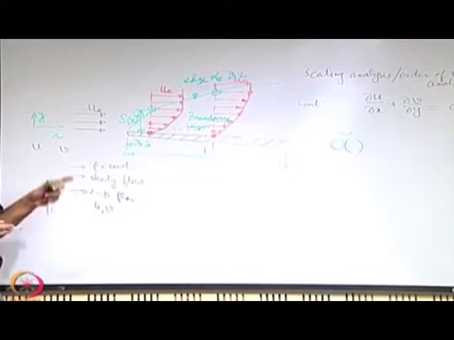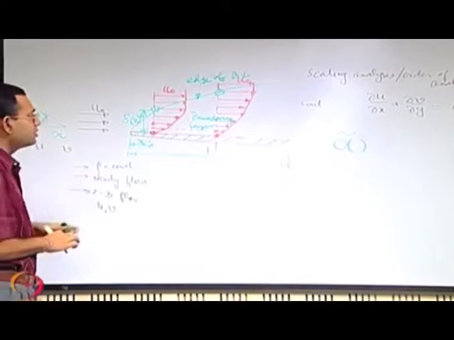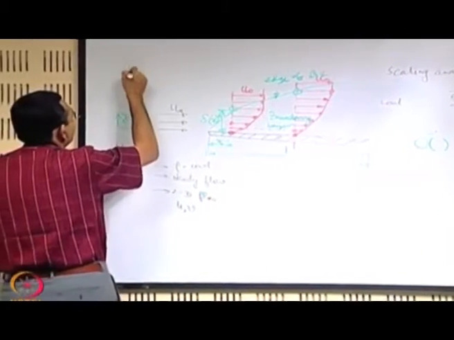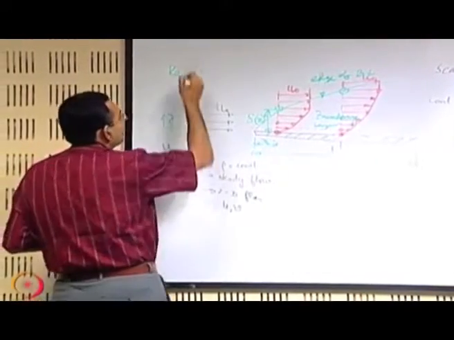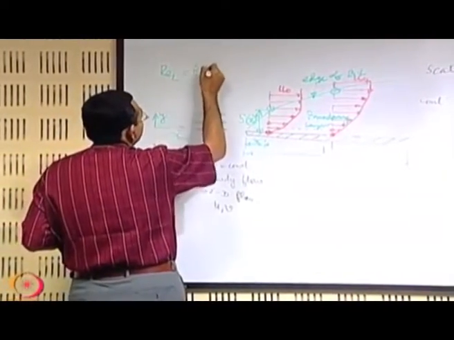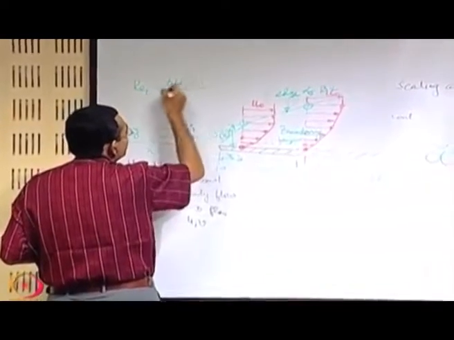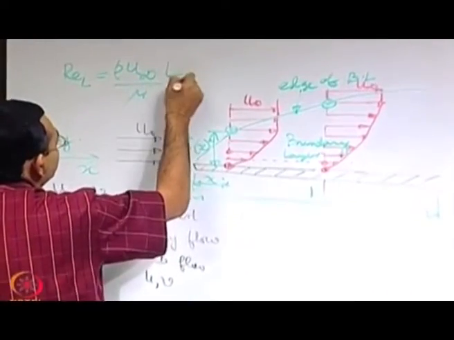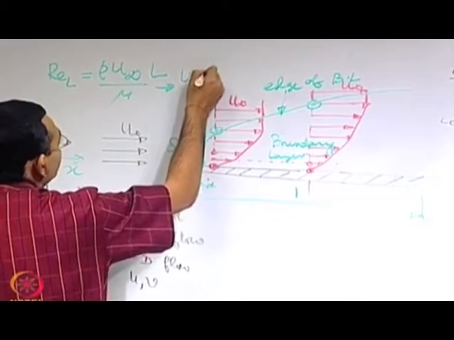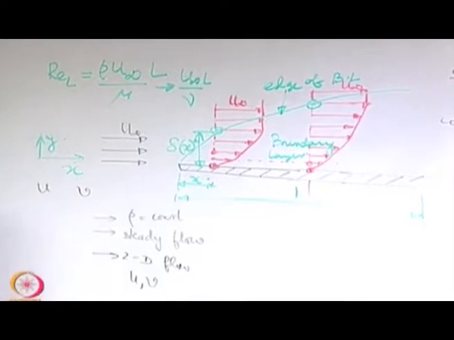The characteristic Reynolds number for a boundary layer description is rho u infinity L by mu, or in terms of the kinematic viscosity, u infinity L by nu, where nu is the kinematic viscosity.